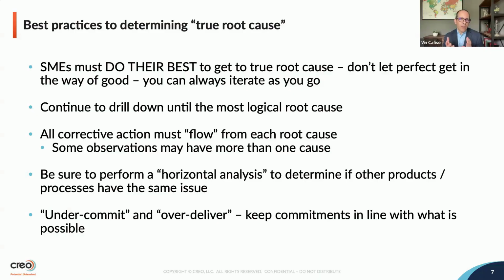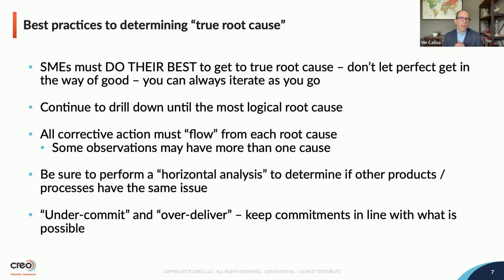And so what I always say here is, don't let perfect get in the way of good, right? Because you can always iterate as you go, as you learn more. So the first step really is to understand the full depth of what occurred. What was the investigator finding?